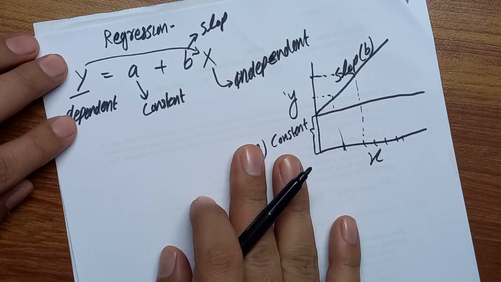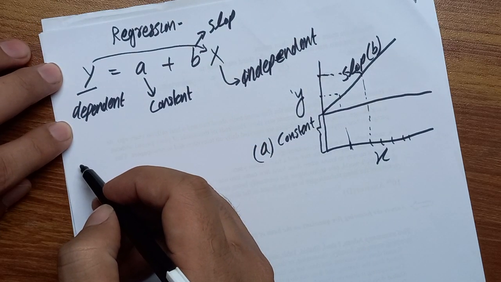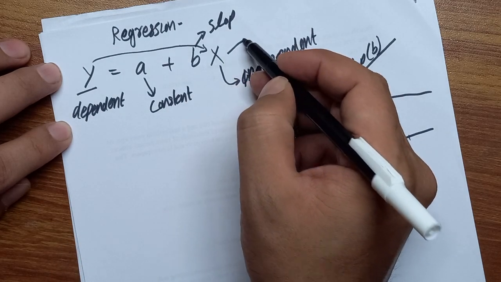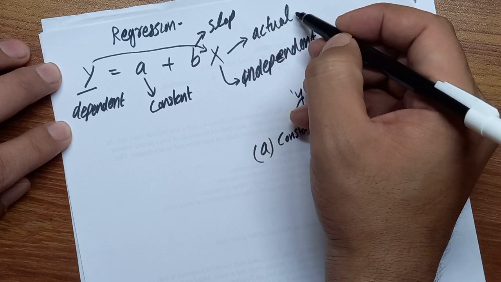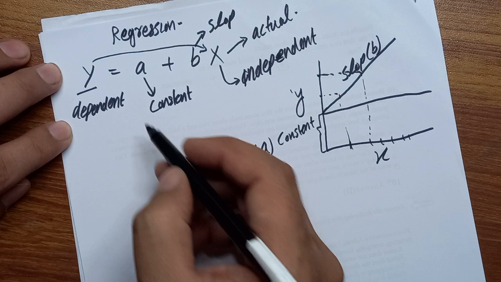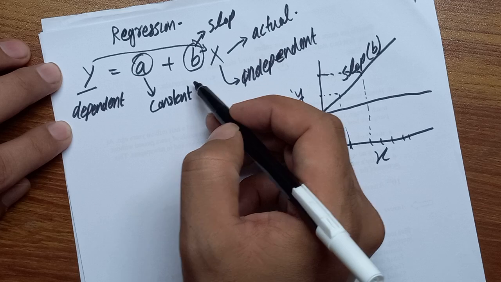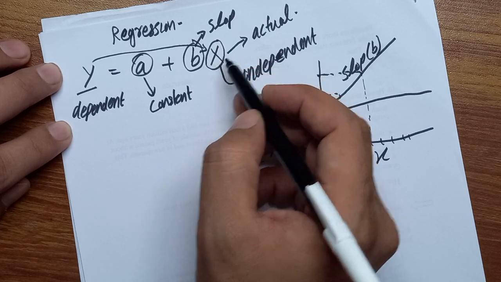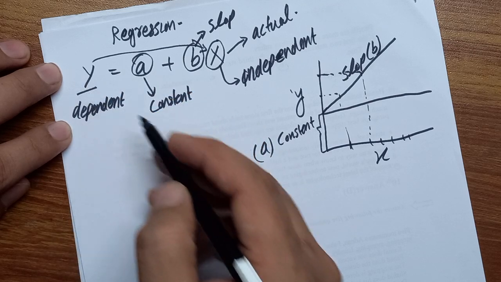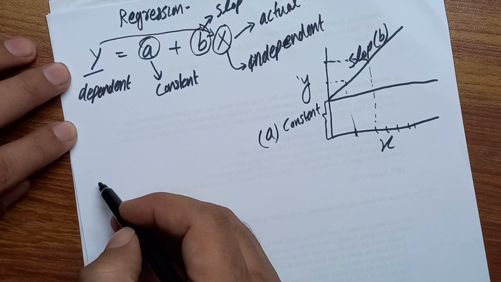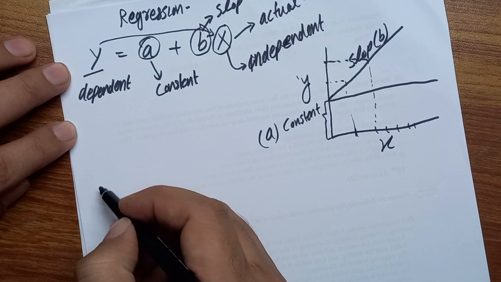So in regression we have two kinds of regression. One is based on the actual data. This equation is based on actual data. In this equation we will have constant, we will have slope, and we will have x. By multiplying and adding we will get the y variable. But we also have the regression which works on forecasting.